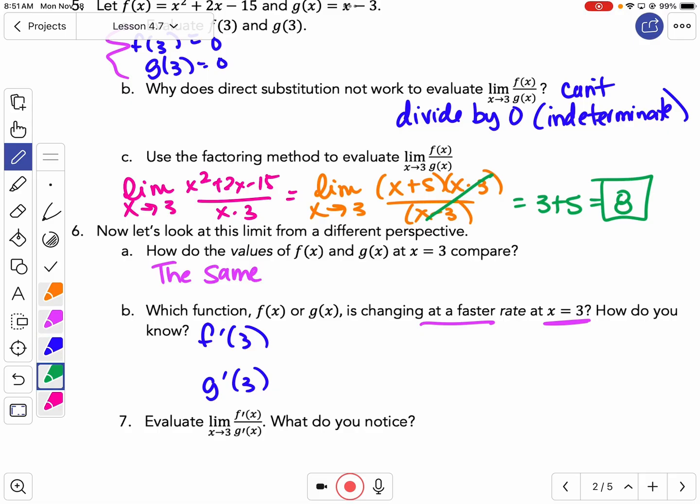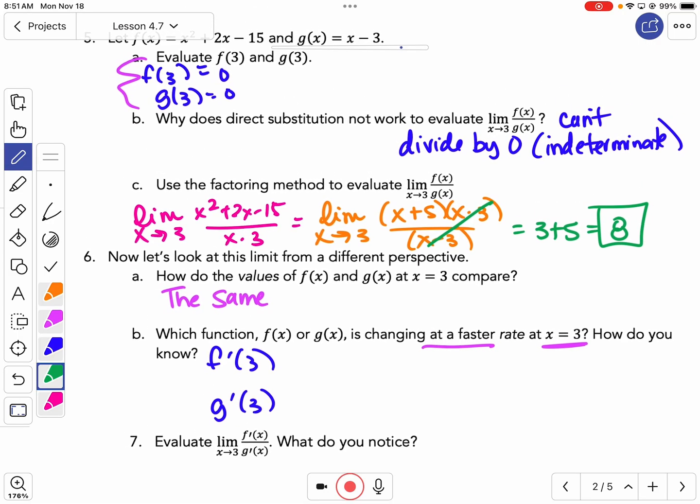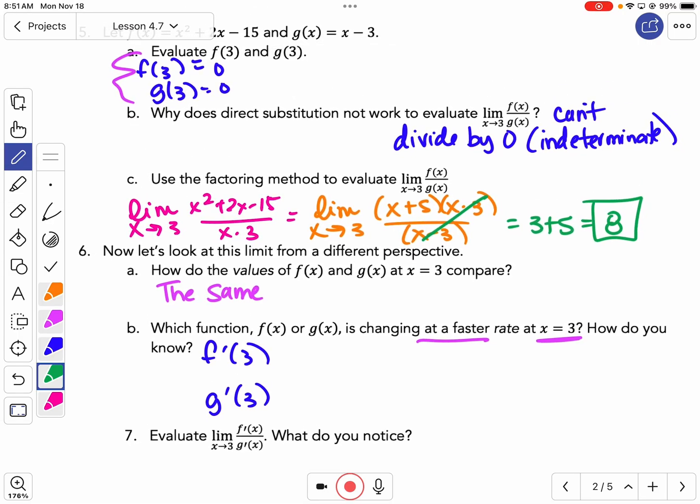And so if we do f prime, let me go back here and find it, x squared plus 2x minus 15. So f prime is going to equal 2x plus 2, and g prime is going to equal what? 1. And so if we evaluate those at 3, 2 times 3 plus 2, we get 8.